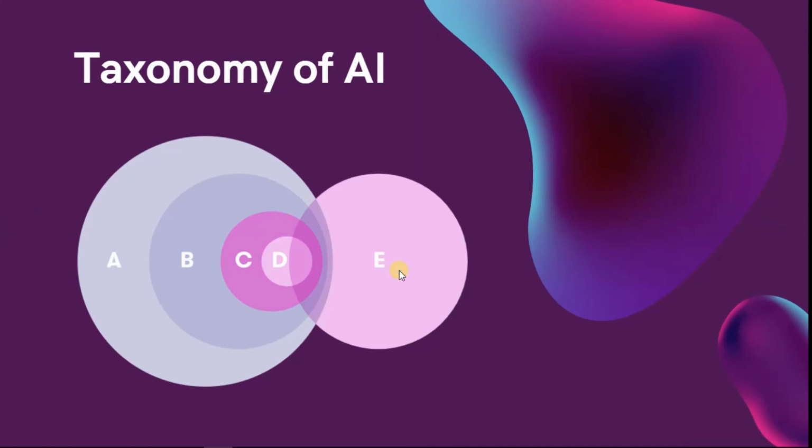Now it's quiz time. Let's see if you can actually recognize what is A, B, C, D, and E. Alright, I'll be giving you exactly 10 seconds to understand the circle diagram and also answer the following letters. Your time starts now.